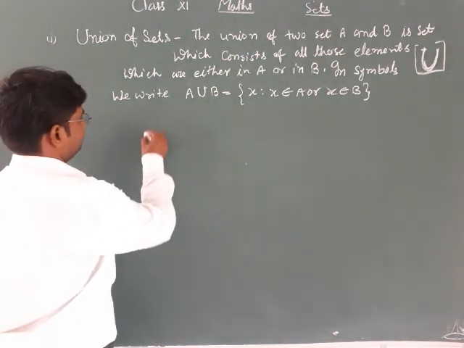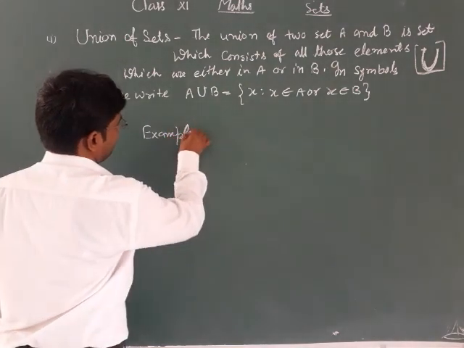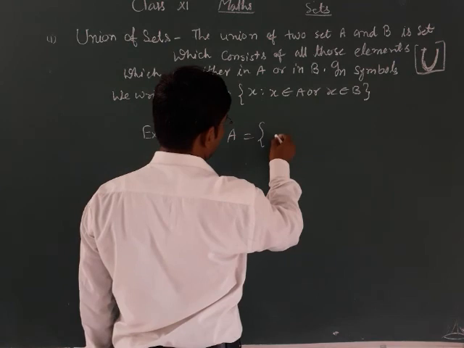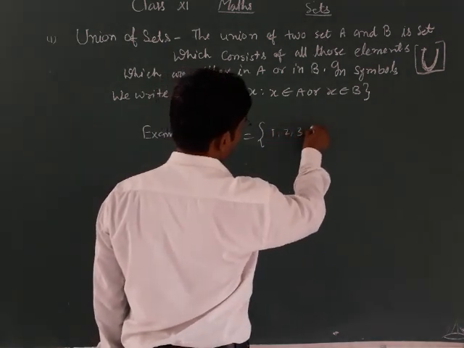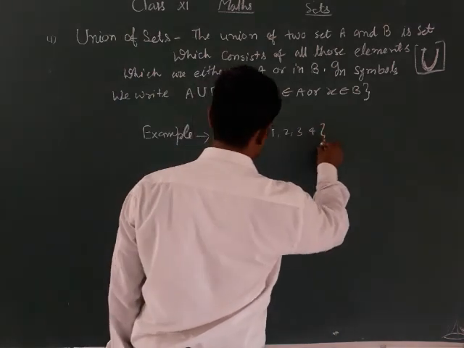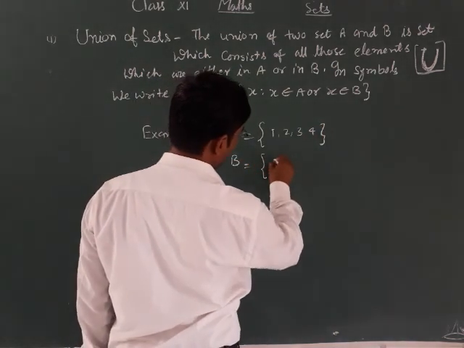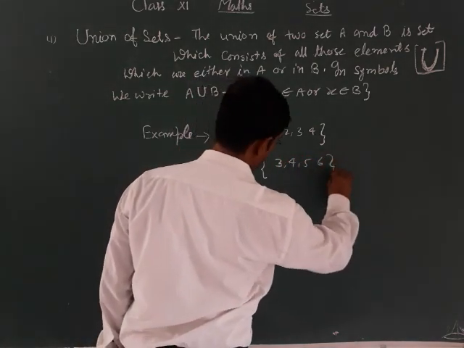Example: let A be the set with elements 1, 2, 3, 4, and another set B with elements 3, 4, 5, 6.